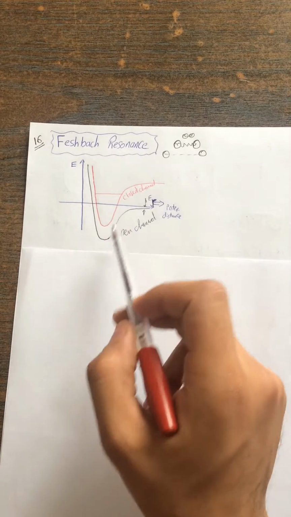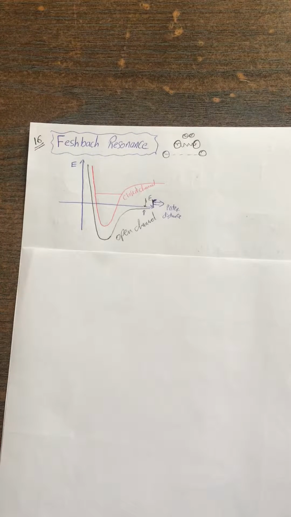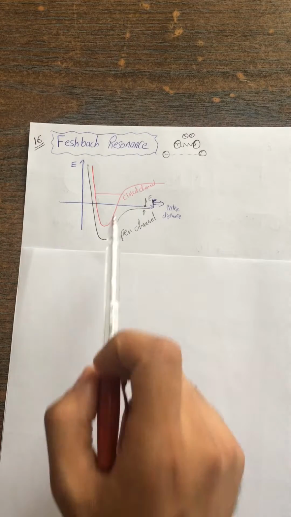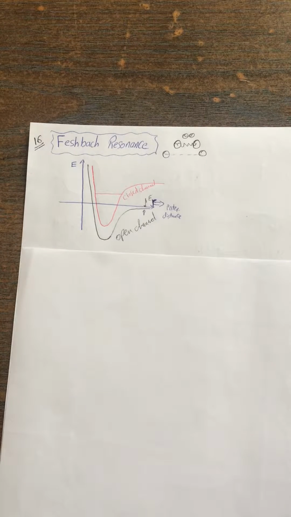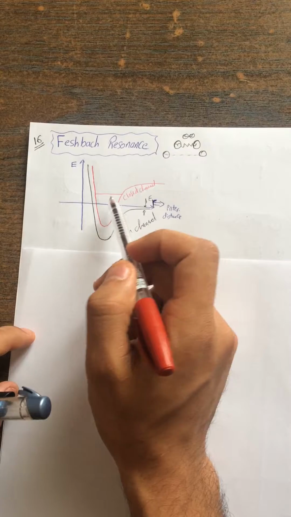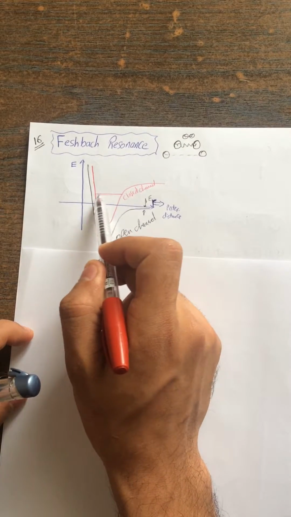Here is S0, here is S1 for a triplet state, and you can tune the closed channel upward and downward by the action of a magnetic field gradient that you can affect the quantum system with.